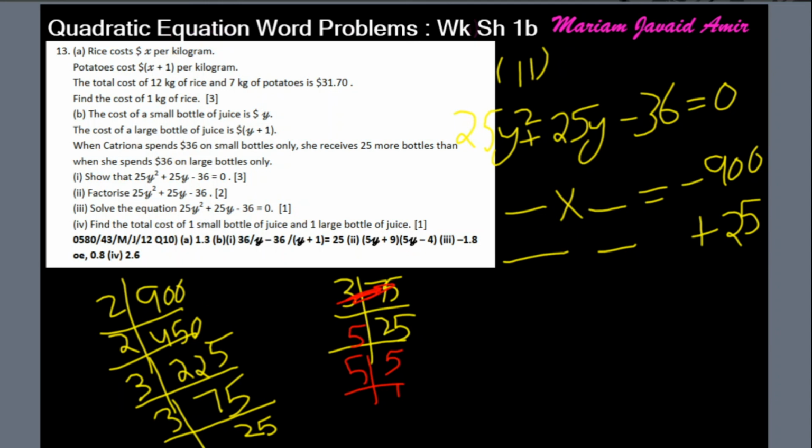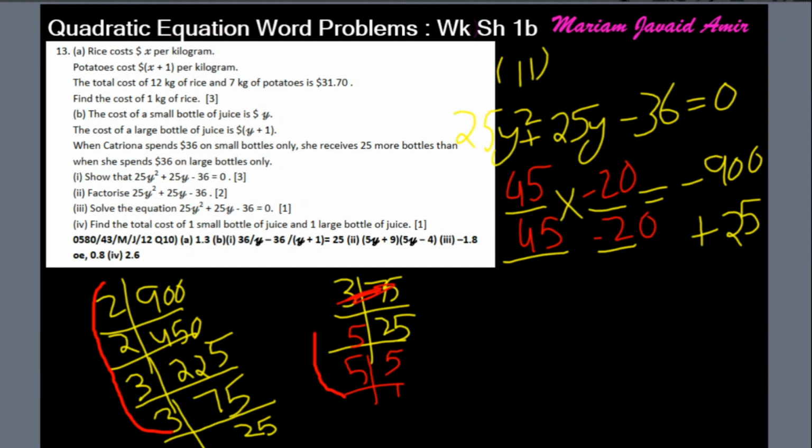So now let's use a combination of these numbers so that we get 25 when we add or subtract those. So what should that be? In fact, we should just use 45 and 20. 45 times minus 20 is minus 900, and 45 minus 20 is 25.